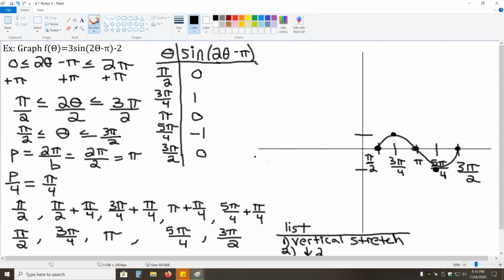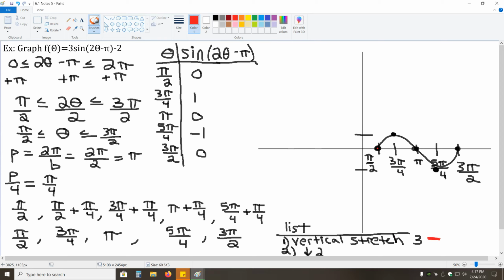So from here, we now apply our vertical stretch, meaning we multiply every y value by this 3. If it helps you, make a note of what number you're multiplying by. So we'll go ahead and put that in red, just like the previous one.